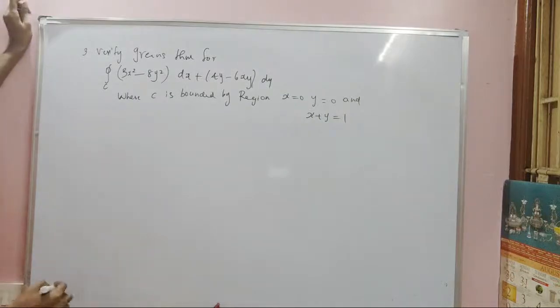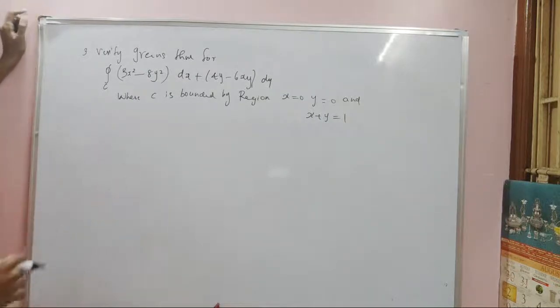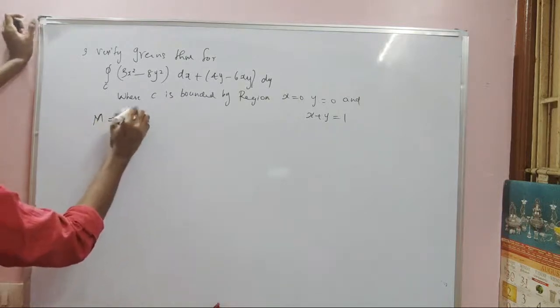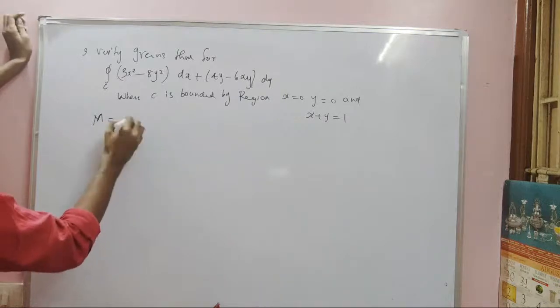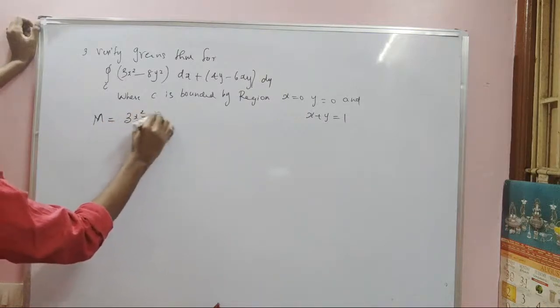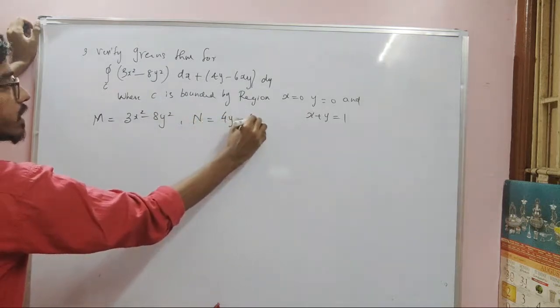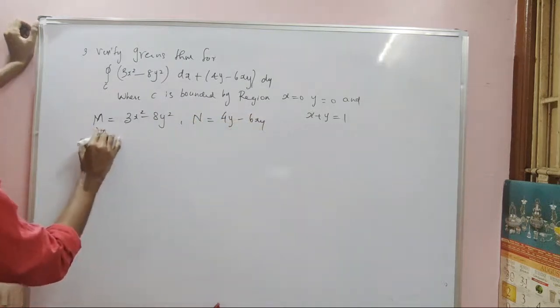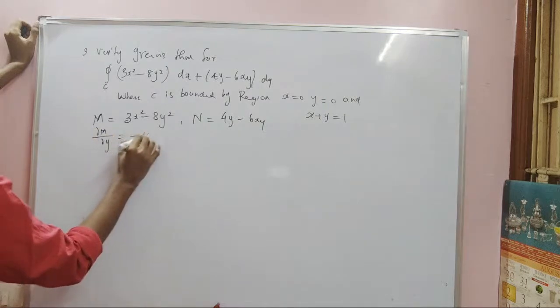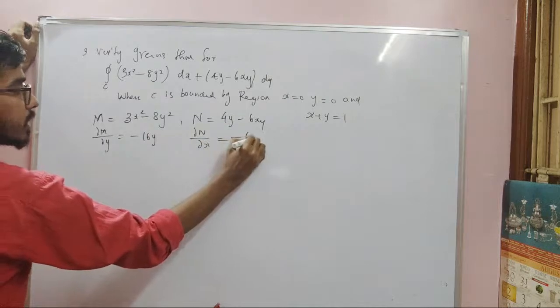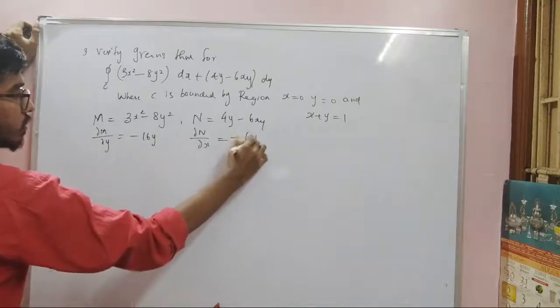So verify Green's theorem. That means we need to prove LHS and RHS and then show that they are equal. So first, for m dx plus n dy, m is 3x square minus 8y square and n is 4y minus 6xy. So what will be my dou m by dou y? It is minus 16y, and dou n by dou x is minus 6y.